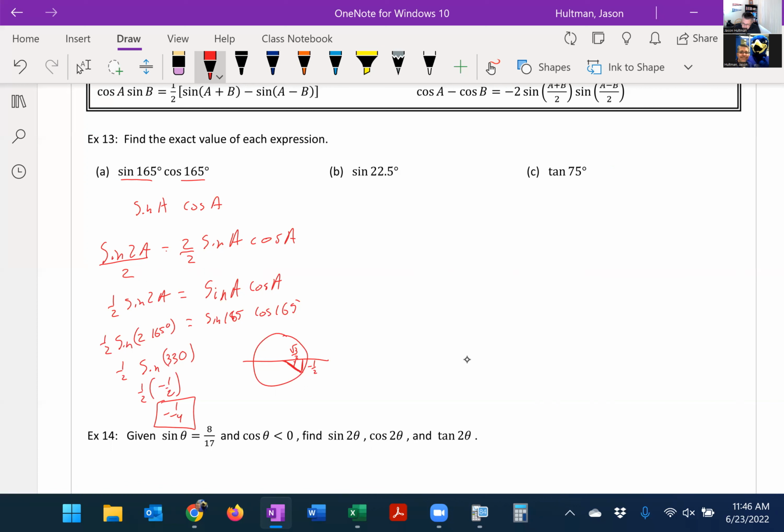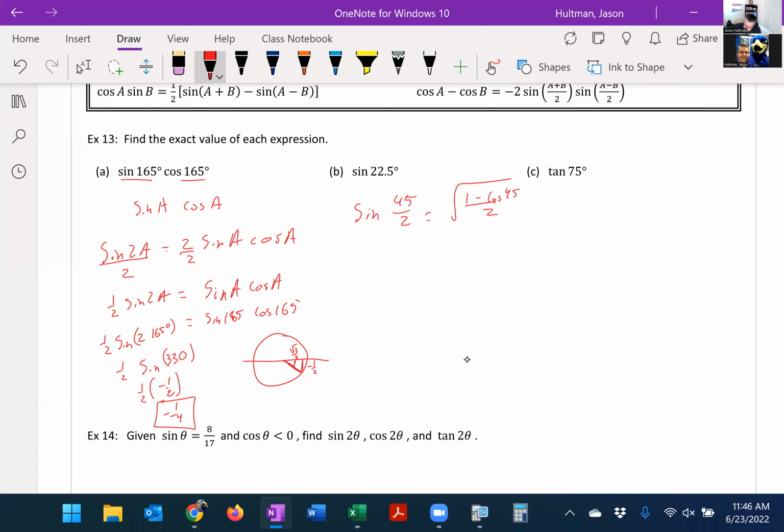Okay, the sine of 22.5. Well, 22.5 is half of 45. So this is the sine of 45 over 2. So we're going to use the half angle identity, which is equal to the square root of 1 minus cosine of 45 all over 2.